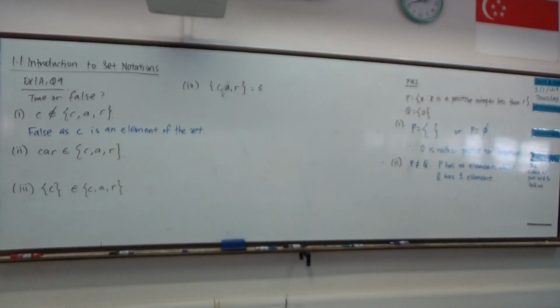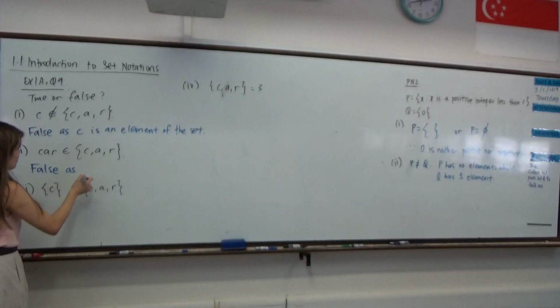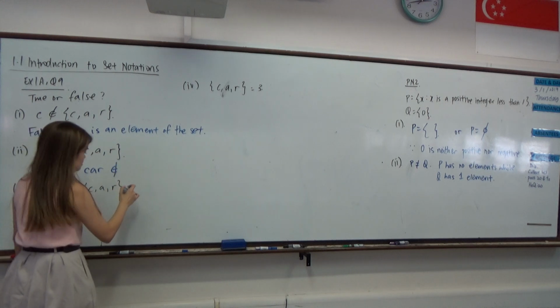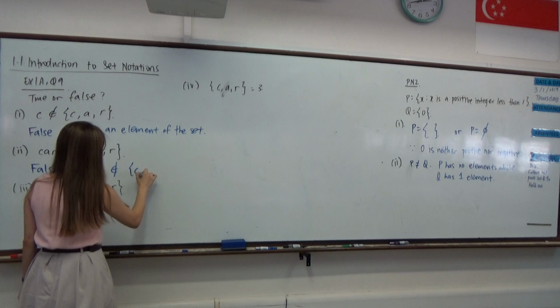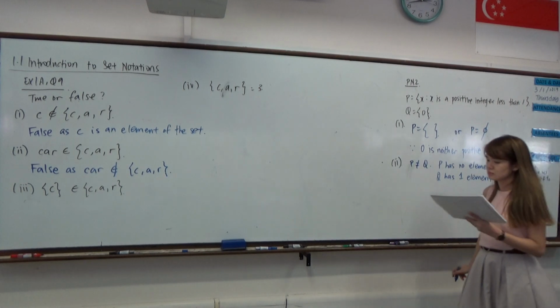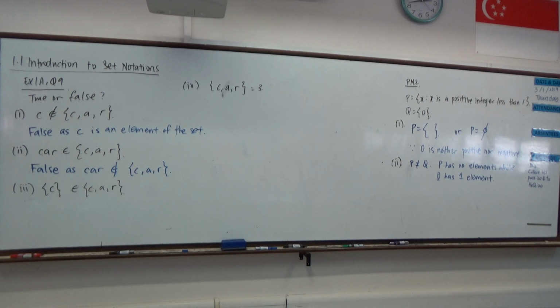How about part 2? It is false, because this is a word, CAR, or if you look at it in an algebraic sense, this is C times A times R. About part 3?